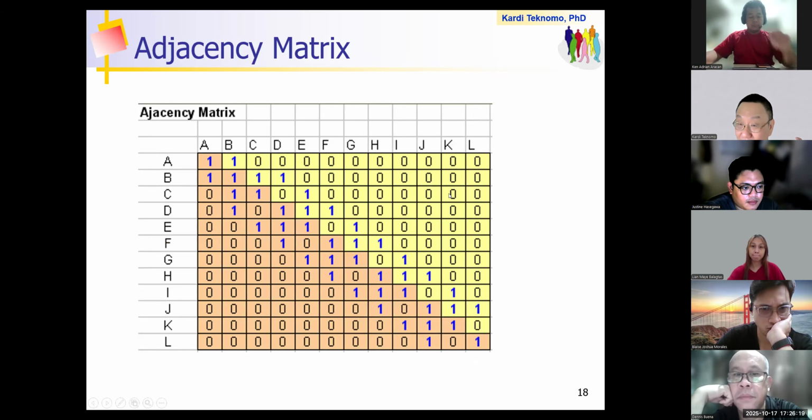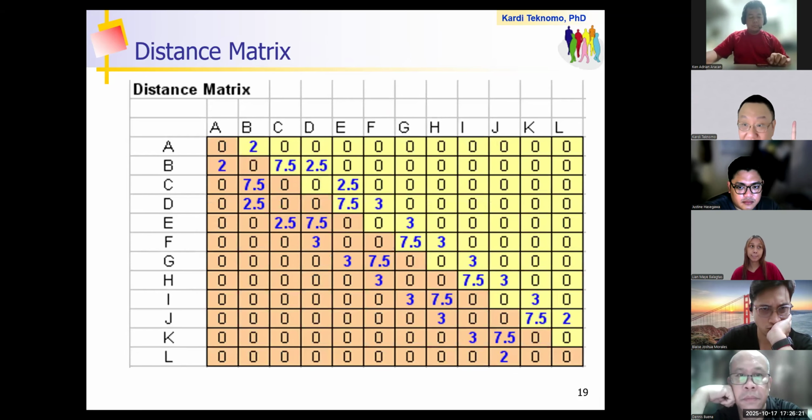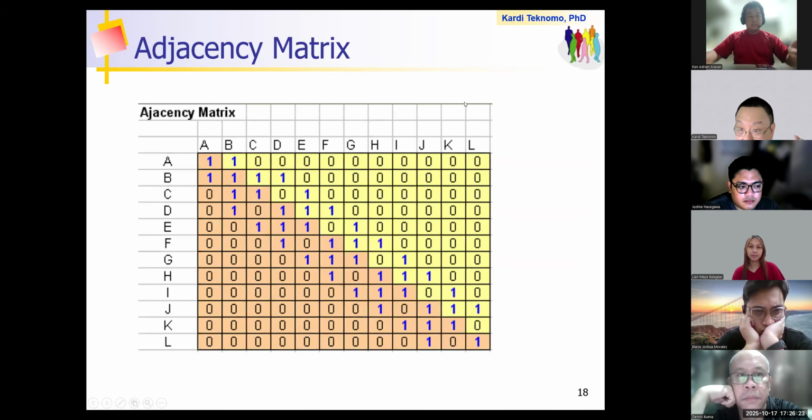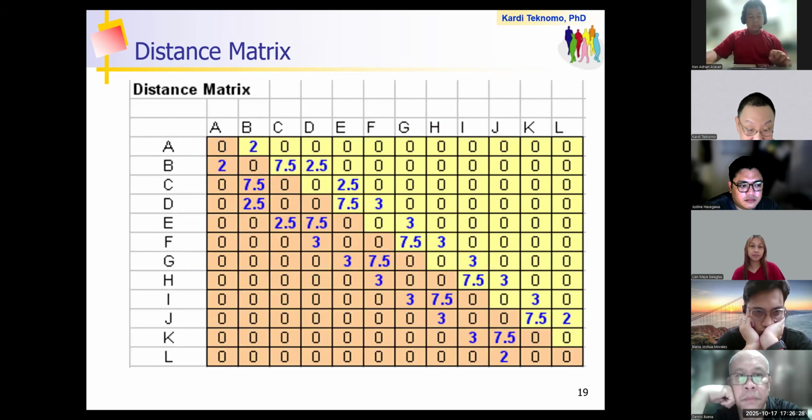Now, because you have the coordinates, for all the ones here you can put the distance, isn't it? Knowing the coordinates of its vertices, you can compute the distance. This will create the distance matrix. What is this? This is the shortest distance matrix.